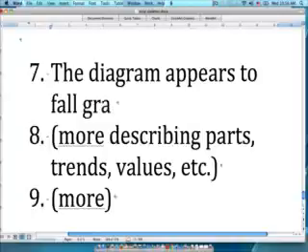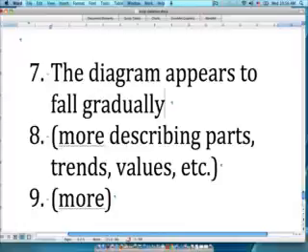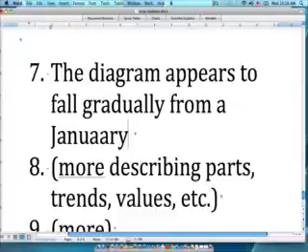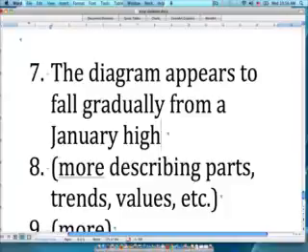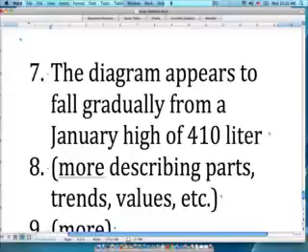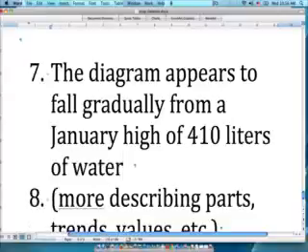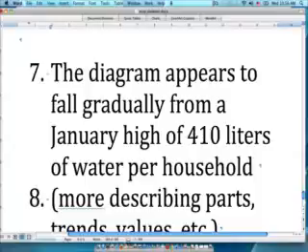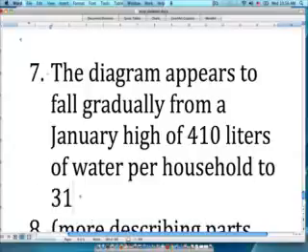fall gradually. As if you remember from before, we had the word modestly. We could put that in here too. Fall modestly. Let's say from a January high of 410 liters of water per household to perhaps 340, not 310 liters in May.